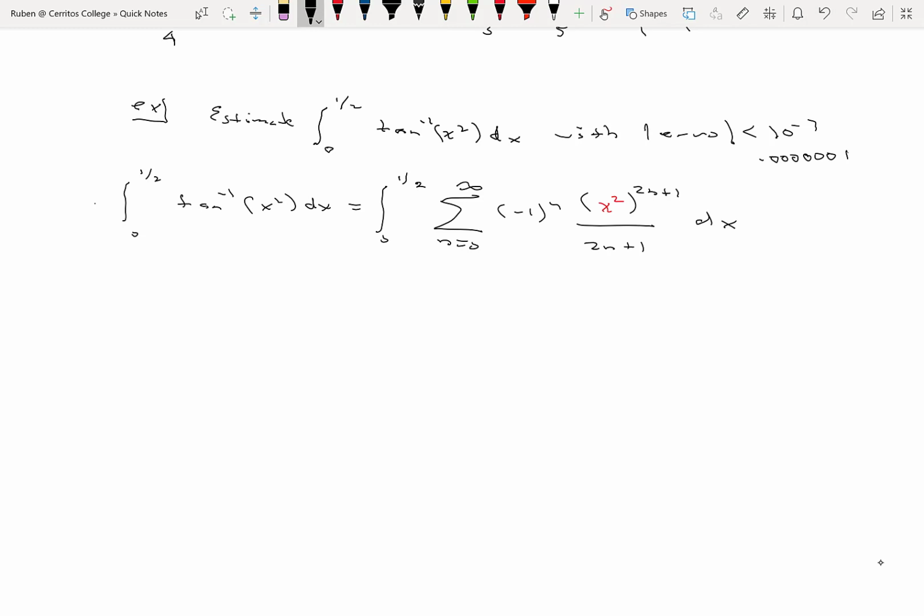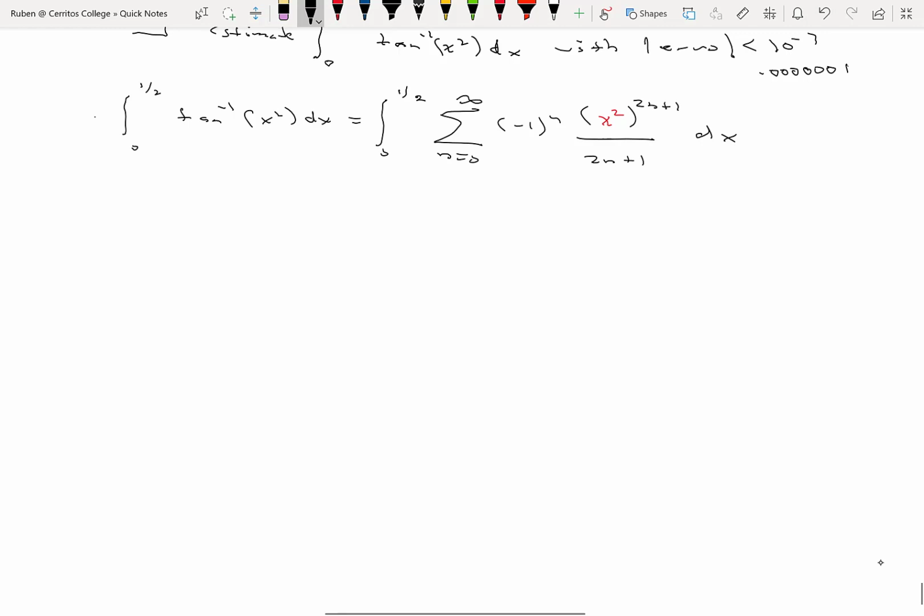And then continue. A whole bunch of algebra follows now. Okay. So this becomes the integral from 0 to 1/2 of the sum, n goes from 0 to infinity, negative 1 to the n. When we raise a power to a power, we multiply the powers, so this becomes x to the 4n plus 2 over 2n plus 1.